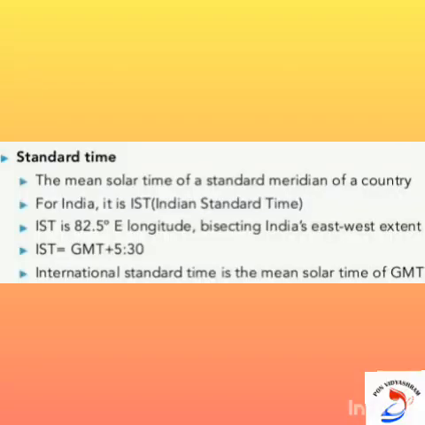The difference of time between GMT and 82.5 degrees east is 5 hours and 30 minutes. As India is towards the east of the prime meridian, the standard time of India is 5.5 hours ahead of GMT. This is called the Indian Standard Time or IST.